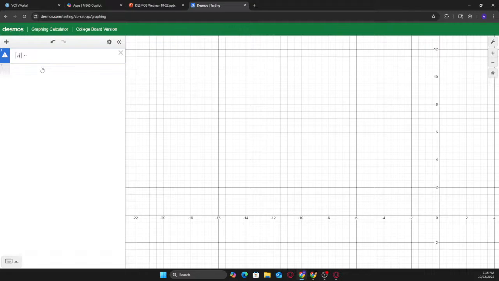So we have A, and then we can say A is 2241% of B plus C. There's a function called percent of.